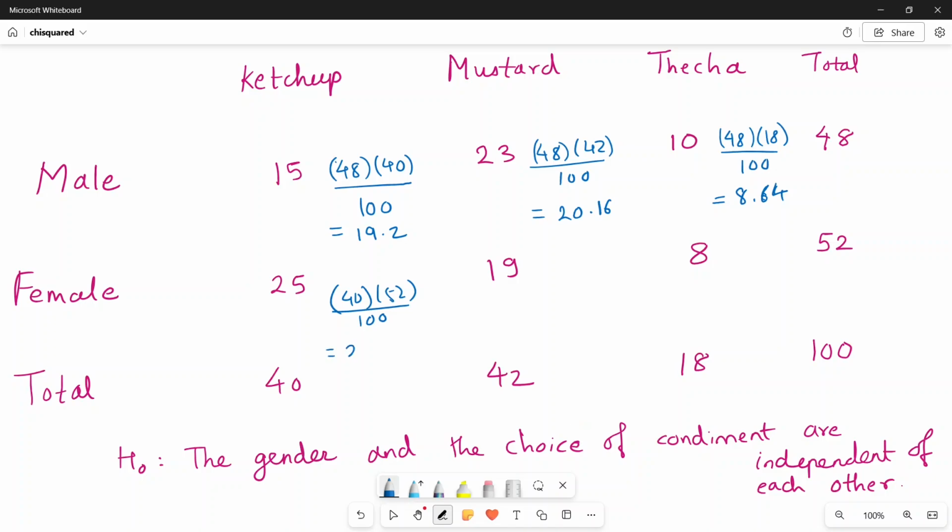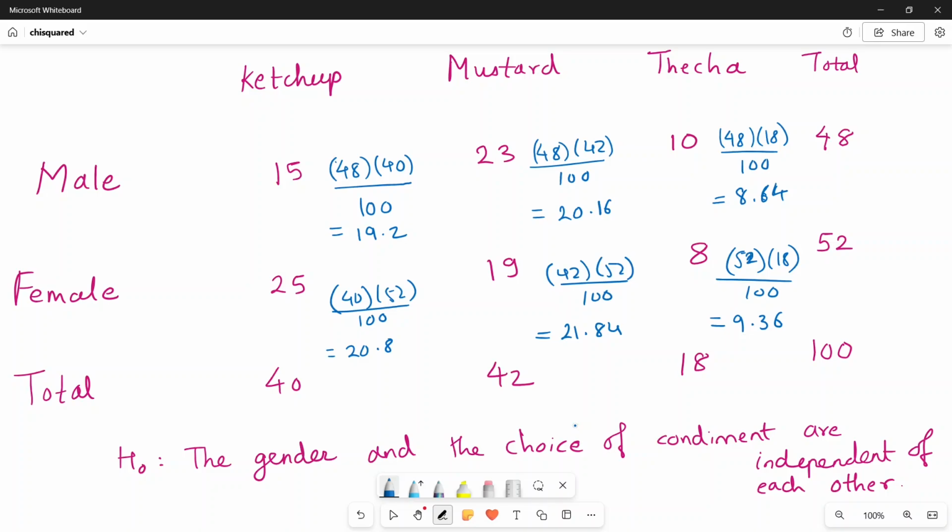This comes out to be 20.8. This will be 42 into 52 divided by 100. This comes out to be 21.84. This will be 52 into 18 divided by 100. This will come out to be 9.36.